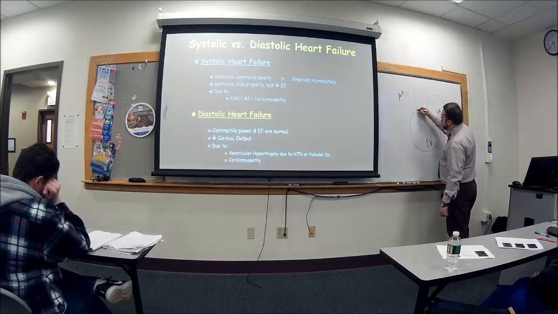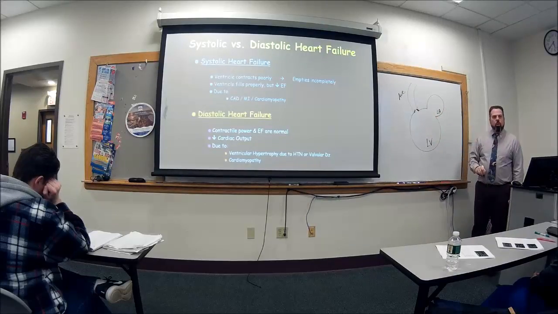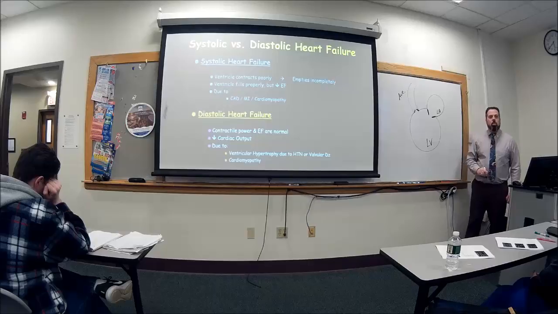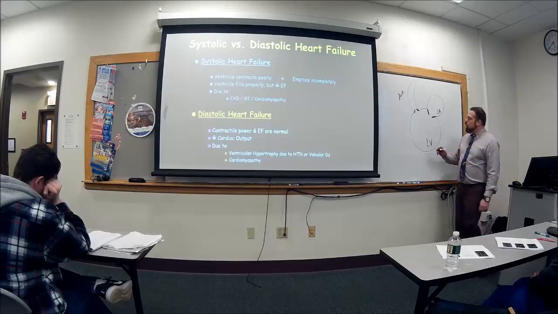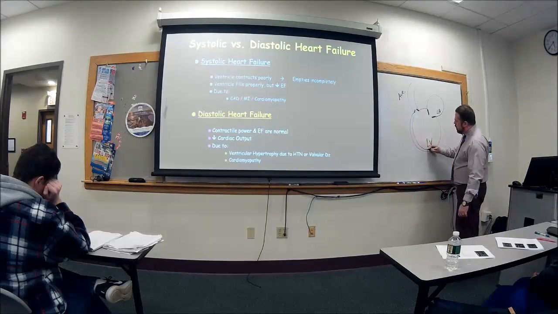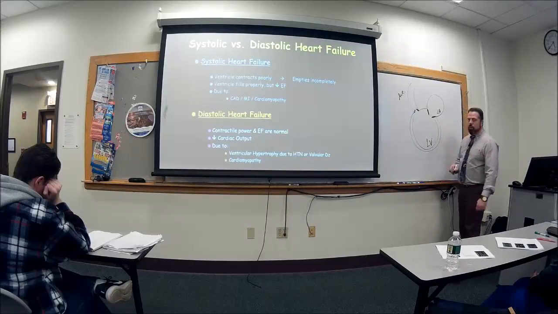What valve would be here? Which one? That's the aortic valve. Good. What valve is here? The bicuspid, or the mitral, right? Tricuspid's on the other side. Okay? Now, normally we have a chamber that's this thick in the left ventricle.